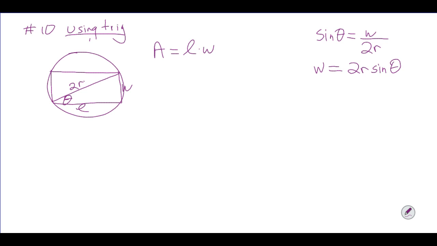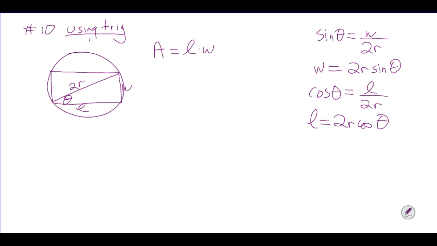And cos theta is equal to L over 2r. So that L is equal to 2r cos theta.